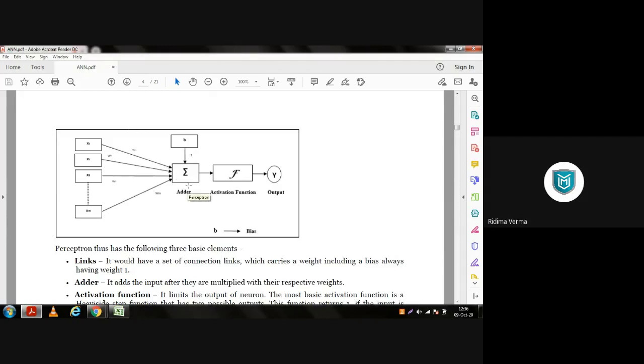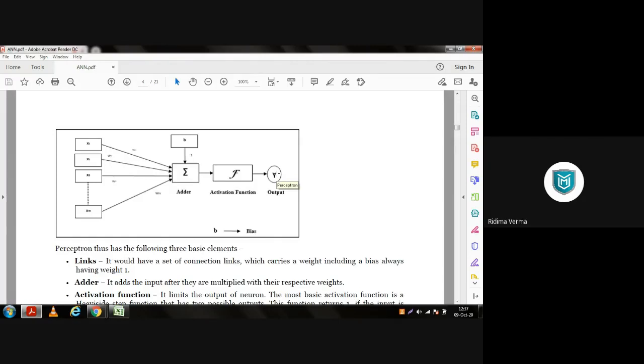Then in the adder, what did we do? We were multiplying the weights and the inputs, and we were adding it with the bias. Yes, so the equation that we got, we were passing those equations through the activation function and then we were calculating the output.